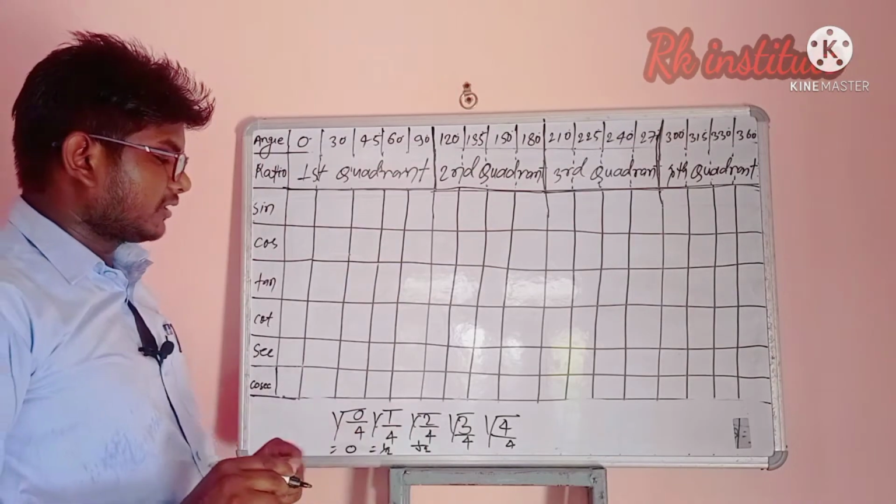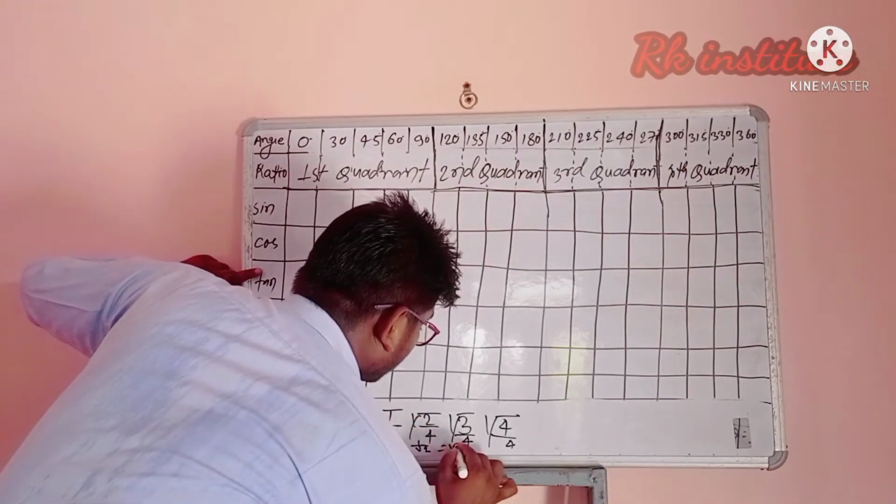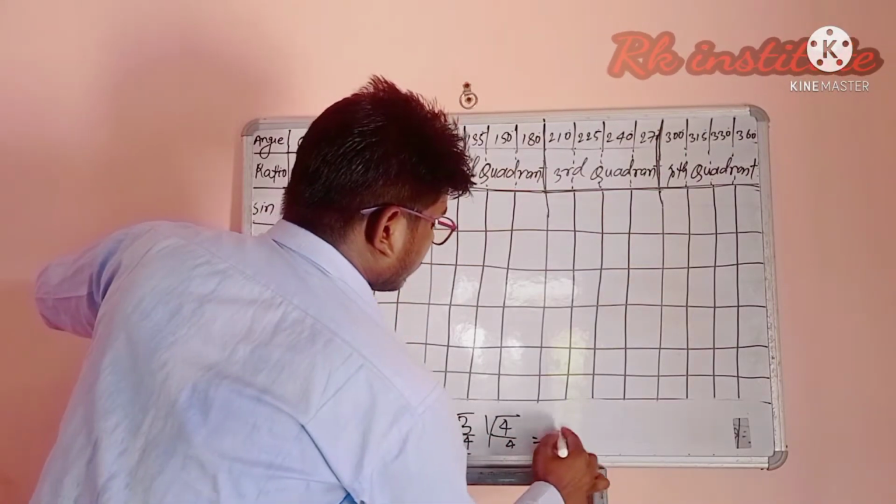And root 3 by 4 means root 3 by 2. And 4 by 4 is equal to 1.